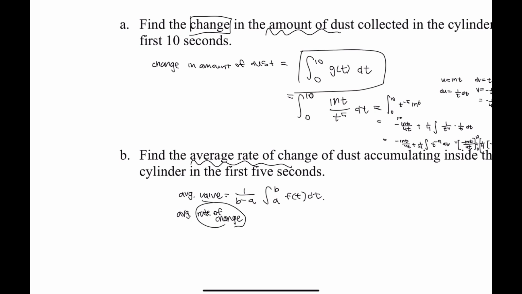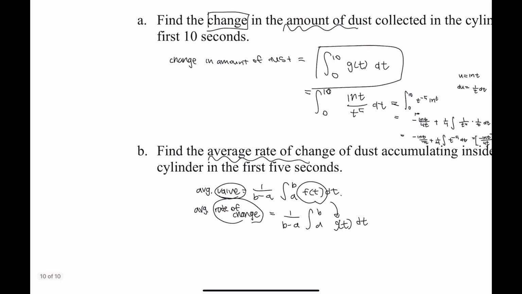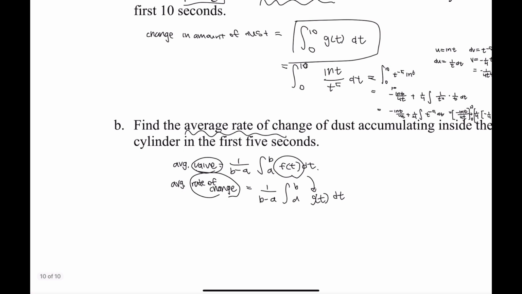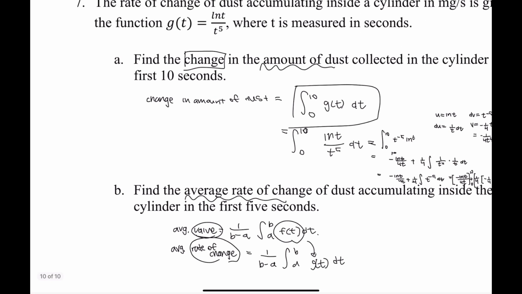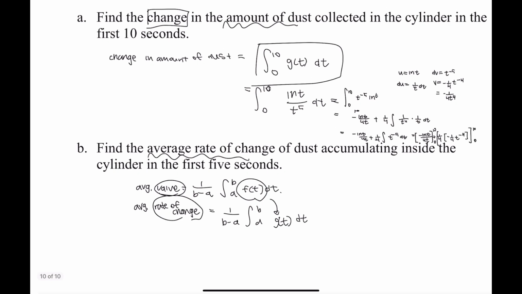So it's 1 over b minus a times the integral from a to b, and f of t would just be g of t, the rate of change. Since we're finding the average rate of change and we're given the rate of change function, we can use this average value formula to get the average rate of change of dust.